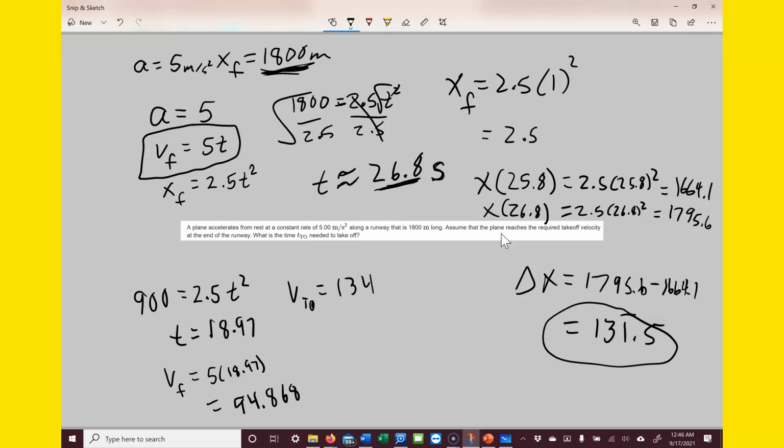So what does it ask? What percentage of the final takeoff velocity did it reach at the midpoint of the runway? So in other words, 94.868 is what percent of 134? So 94.868 divided by 134.